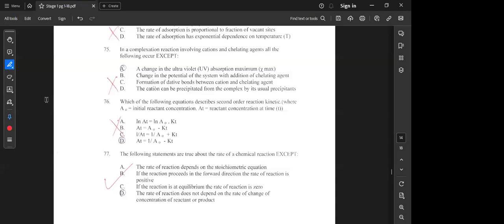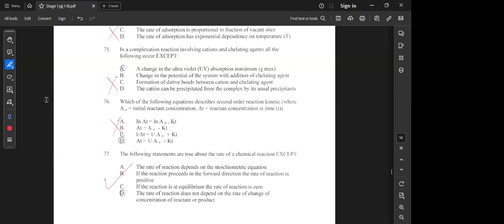The following statements are true about the rate of a chemical reaction, except... The rate of reaction depends on the rate of change of concentration of reactants. The rate of reaction depends on the equation.